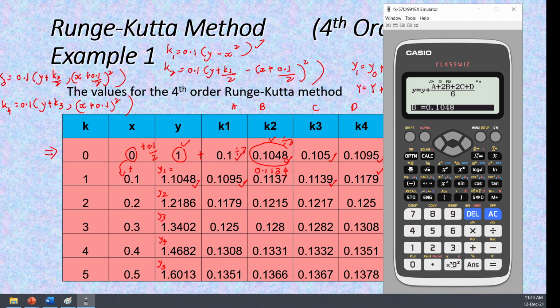Which is 0.1095, and I take it from the Excel one, 0.1137, 0.1139, 0.1179. So I get 1.2186.